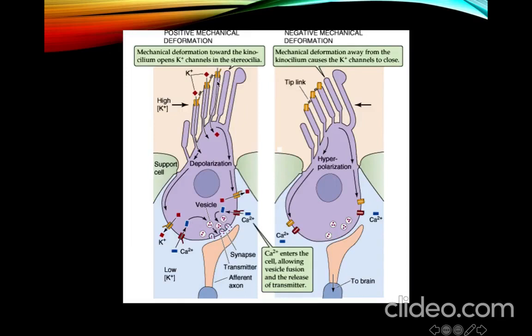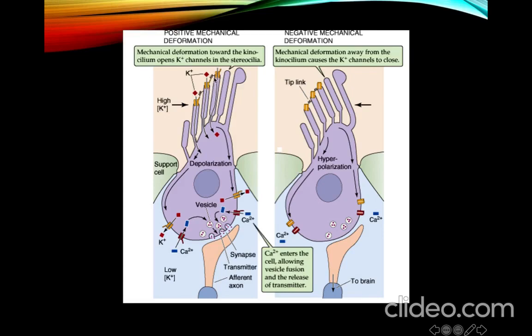Now keep in mind, if the stereocilia move towards the kinocilium, as you can see in the picture, there are channels present at the tips of the stereocilia. This yellow one is known as a channel. Whenever the stereocilia move towards the kinocilium due to a sound vibration, the minute connections between them cause the opening of these channels.